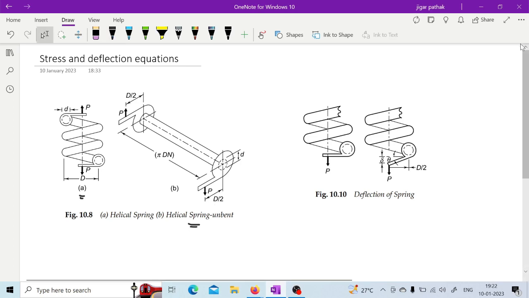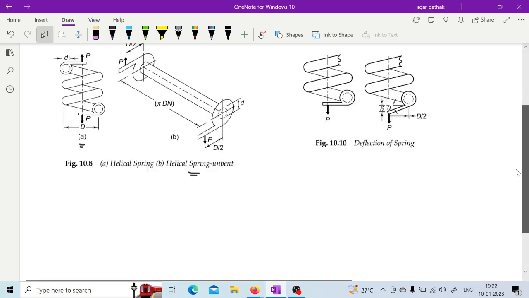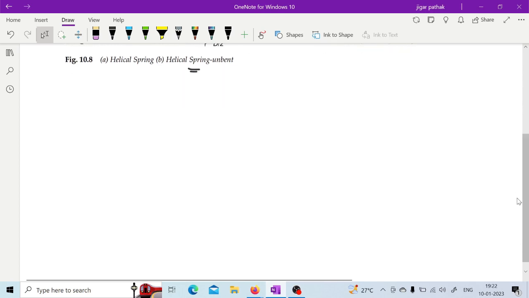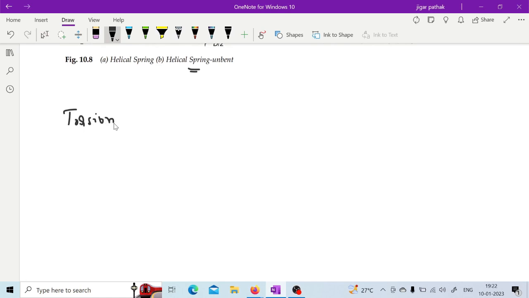So by looking at this particular figure, you can simply write the torsional moment Mt equal to that load applied into the distance, right?